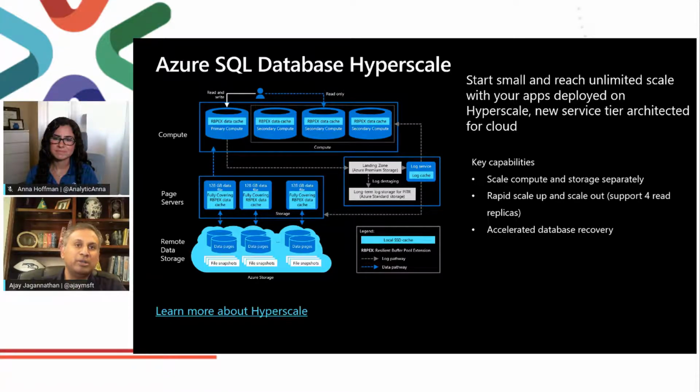Some of these innovations are what power Hyperscale. From an application or customer perspective, the only thing they will be touching is the compute layer, and everything underneath is taken care of automatically by the managed service. So with that, I will hand it back to Anna to quickly show Hyperscale in action.